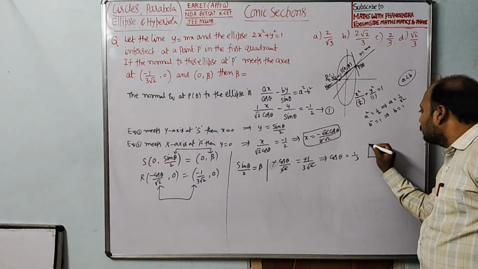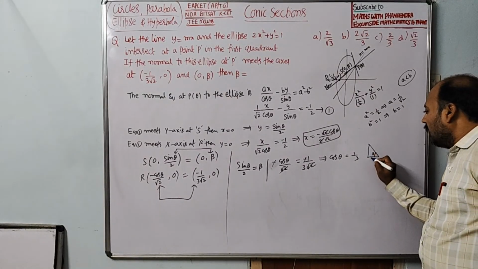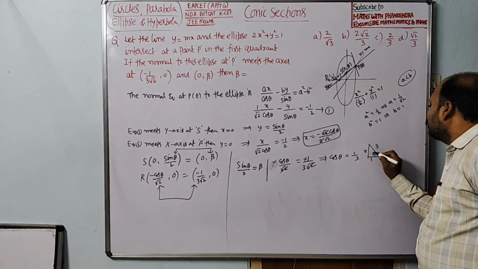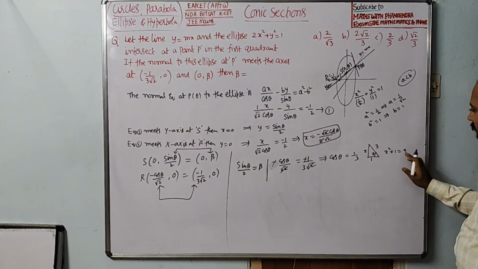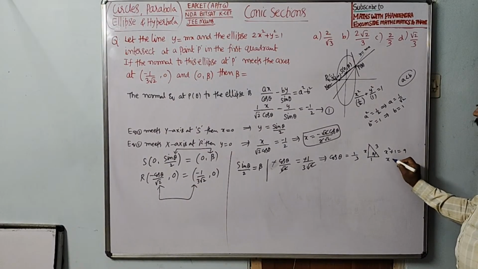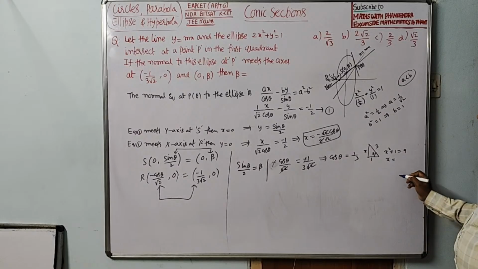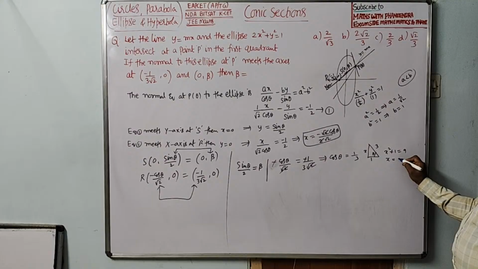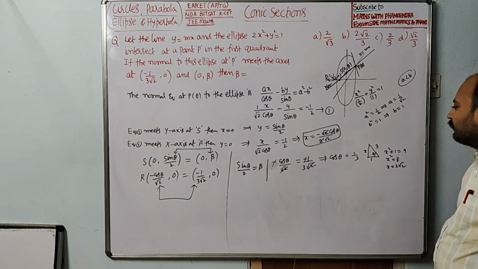From this, adjacent side and hypotenuse. So what about this one here? X, you can take x square plus 1 is equal to 9. So x square is equal to 8, x is equal to 2 root 2. Okay.